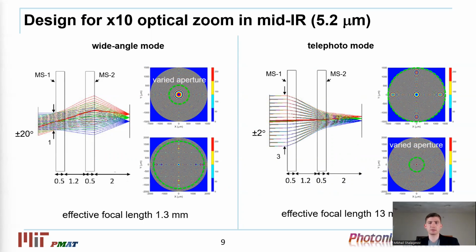The metasurfaces are pretty large, about 3 and 4 millimeters in diameter, with illustrated phase maps. A key feature of the design enabling a large zoom ratio is that the front metasurface also acts as the variable aperture, which is outlined here with the green circle, which scatters out the undesired light, which is, of course, outside of this aperture area, into the substrate propagating modes.